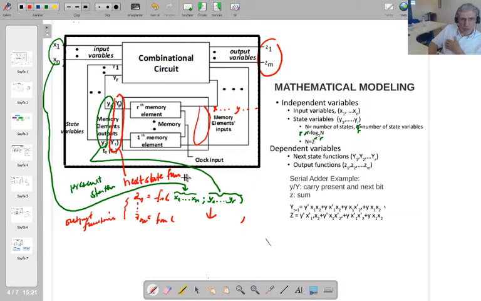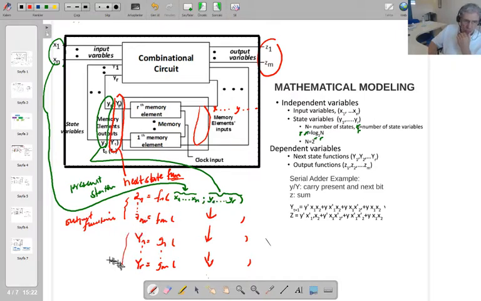And we said also we've got next state functions here. We show these next state functions as capital Y1, and we've got r number of these functions. r is the number of memory elements, because each state variable is a representation of a memory element. So these g functions, g1 to gr, are once again functions of these independent variables: the input variables and the present state variables.